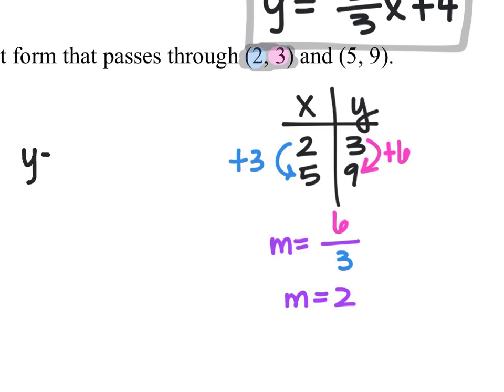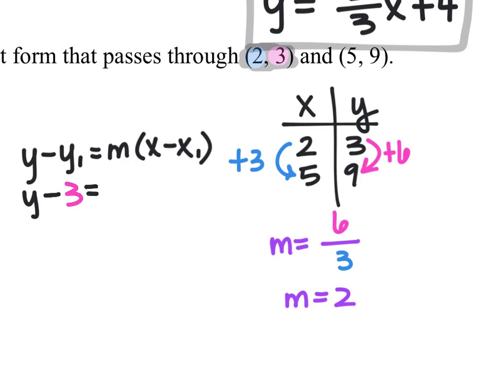So y minus y1 equals m times x minus x1. So we said we're going to substitute 3 in place of y1. We found the slope to be positive 2. And we're going to substitute 2 in place of x1.